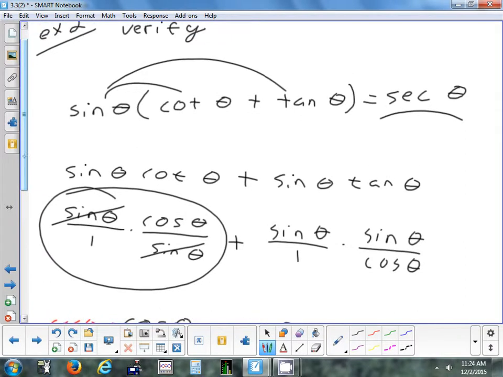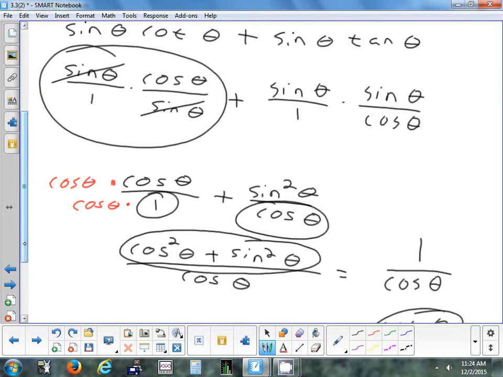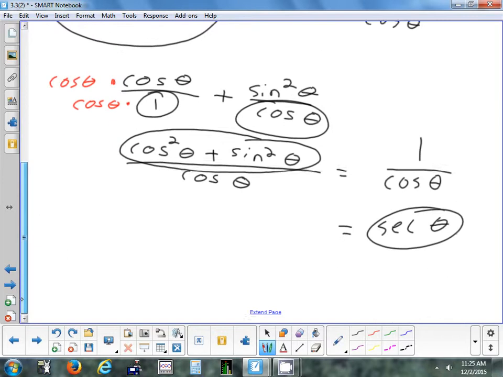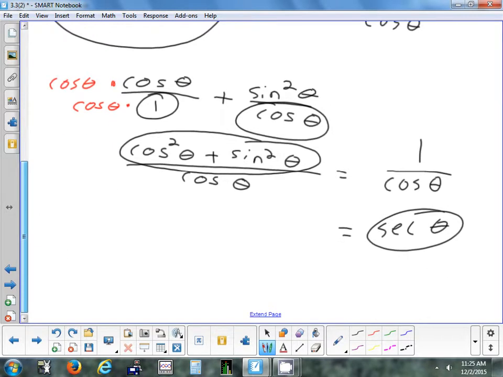All right, so this one involved a few different things. One, you had to distribute. Change to sines and cosines. We found a common denominator, which then let us use a Pythagorean identity. So both problems we've done so far had a Pythagorean identity. Questions on that one?